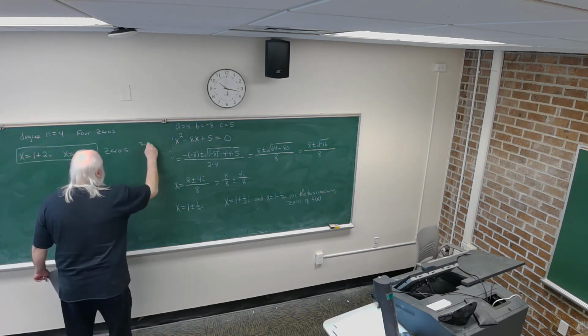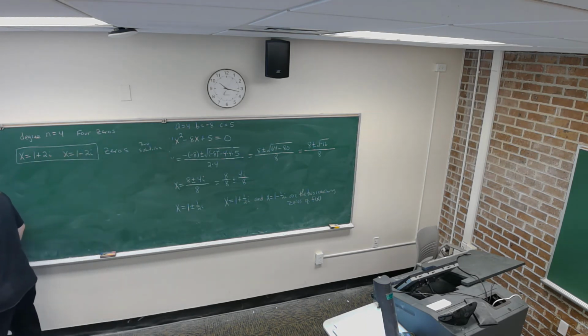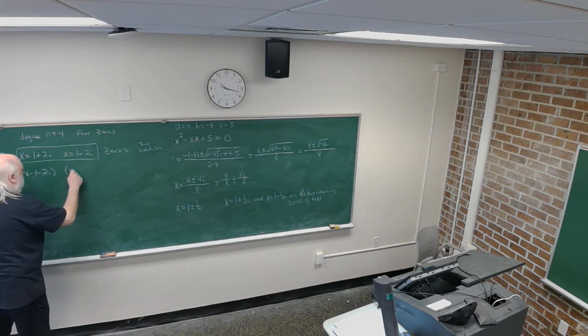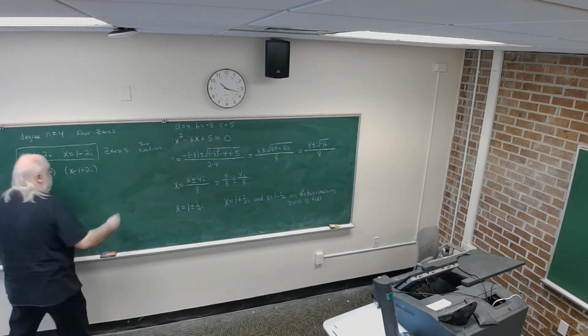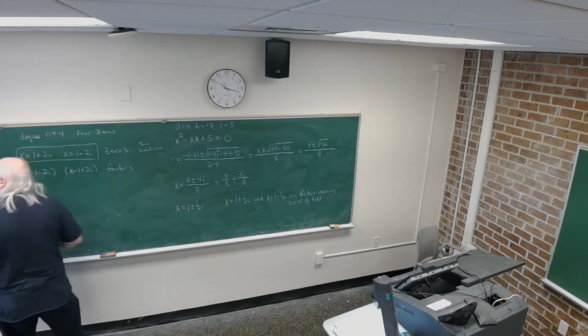Those are 2 solutions to our 4th degree polynomial equal to 0. So the corresponding factors are x minus 1 minus 2i and x minus 1 plus 2i, 2 factors of our 4th degree polynomial.